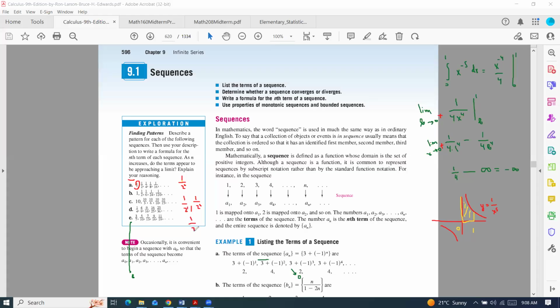way you will have your sequence that starts with index 0 and then a1, which is here, and then a2. But it's not very popular to call it like that. They like to start with a1, not with a0.